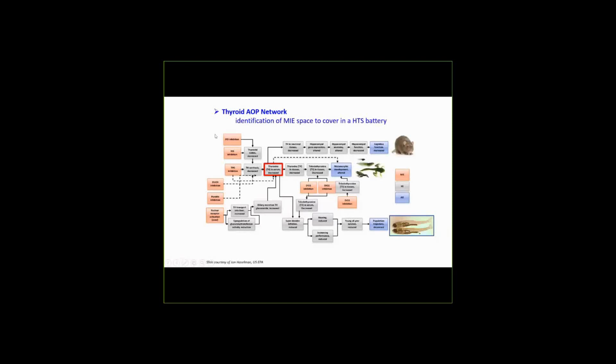So we have a list of the types of perturbations that can result in changes in thyroid hormone signaling. We know adverse outcomes in a wide variety of species.